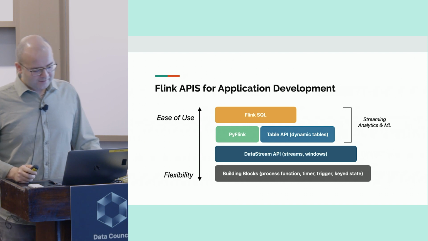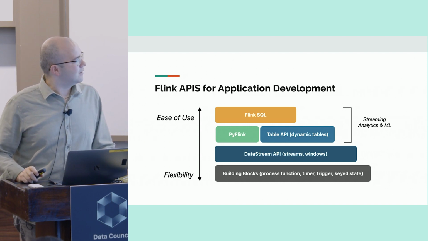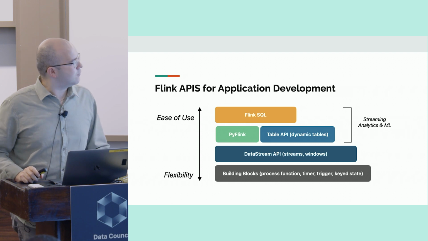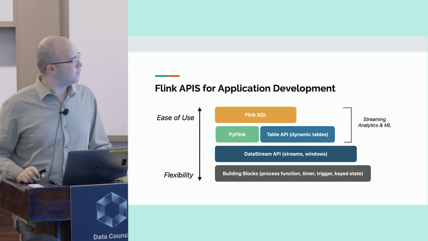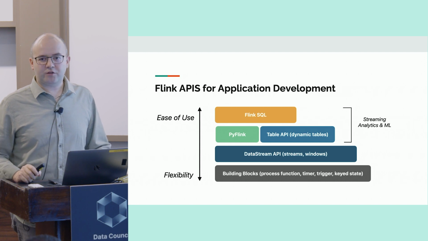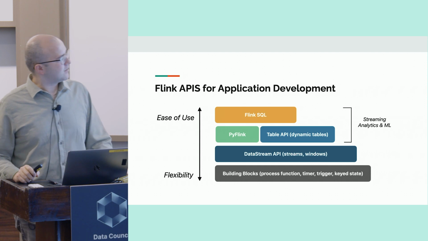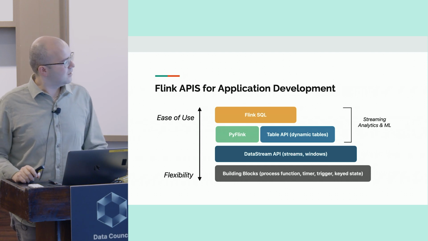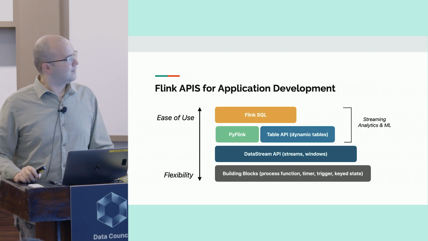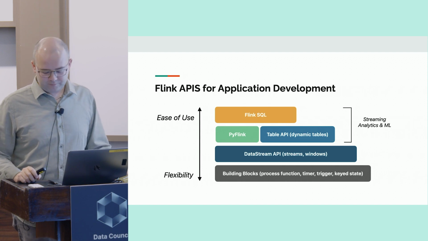Flink provides a layered API with Flink SQL and PyFlink on the top, and they are mainly different from other layers because of ease of use, and they still keep almost the same expressiveness and flexibility. So for streaming analytics and ML use cases, Flink SQL and PyFlink are the most recommended ones, and this is what the rest of this talk will describe.